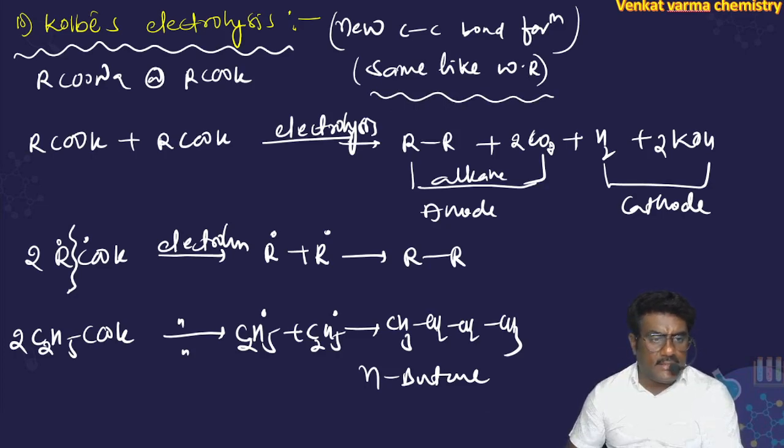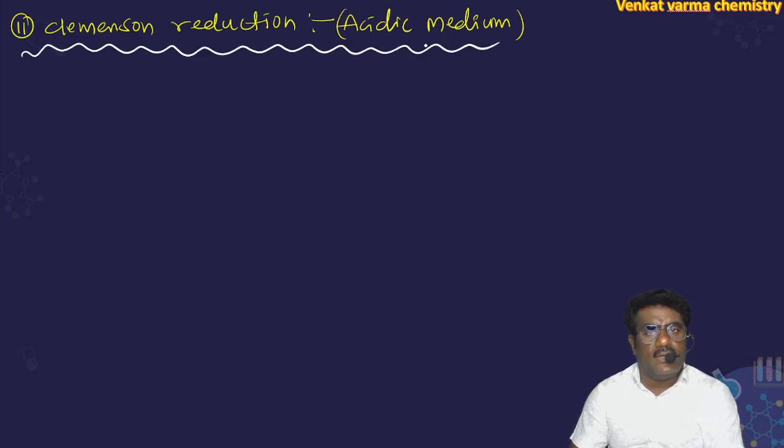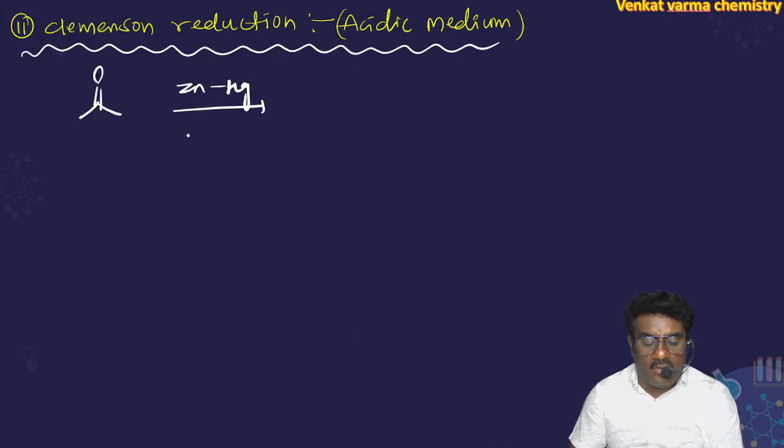Moving to the next reaction, the Clemmensen reduction, in an acidic medium. Very simple: an aldehyde or ketone in presence of zinc amalgam with concentrated HCl gives alkane.